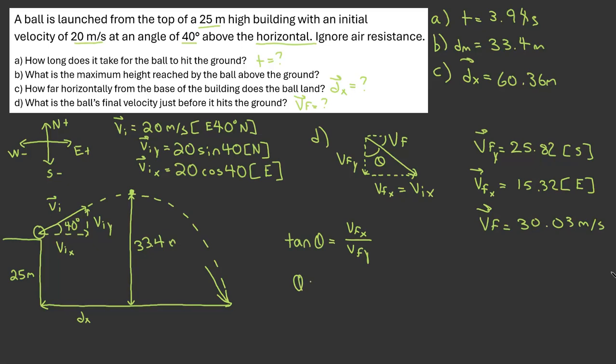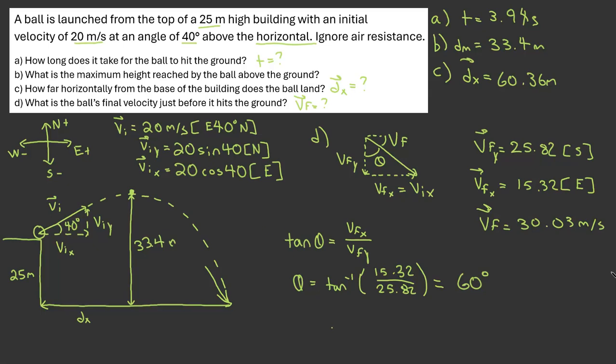So then I'll take the inverse tan of VFX, which is 15.32, over 25.82. It doesn't really matter here if we put our negative or positive values. We're just taking the ratio to give us an angle. And when I punch that in my calculator, I'm going to get around 60 degrees, okay?